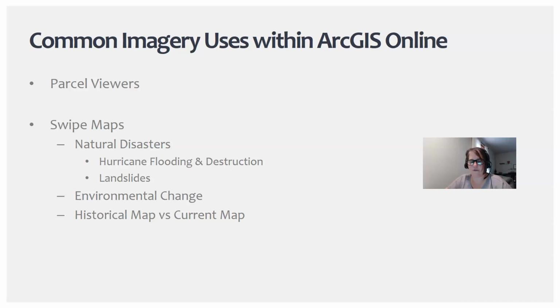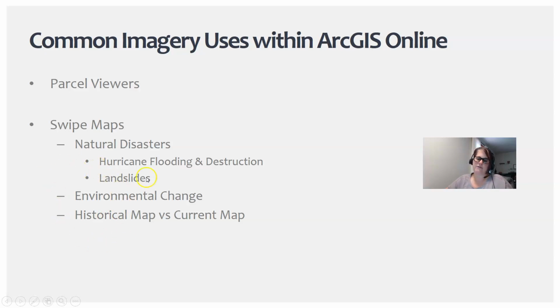But if you ever need a quick and dirty swipe map, it's a very simple thing to create. But these are the kinds of swipe maps that are often used with looking at natural disasters, looking at environmental change from like deforestation, urban sprawl, farmland destruction, you know, you name it, and then just looking at a historical map versus a current map.